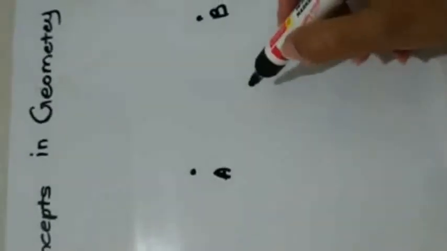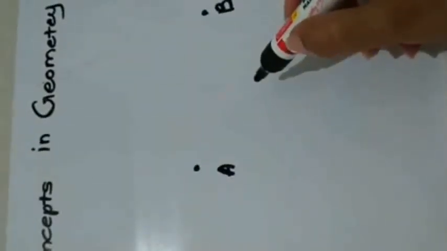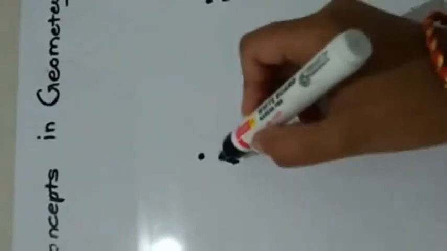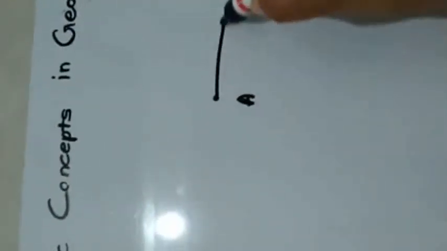For line segment, I will draw 2 points named point A and point B. If I join these 2 points using a scale, then it will look something like this. It is called a segment.